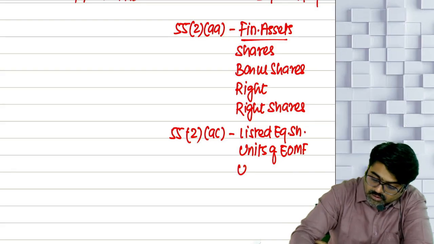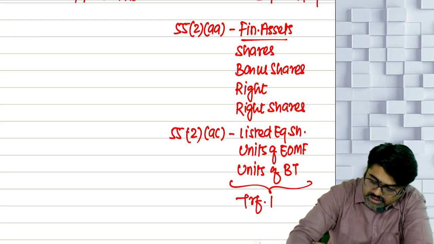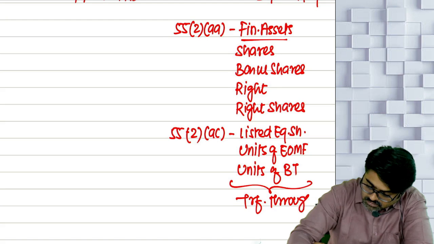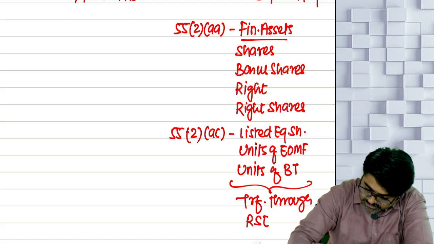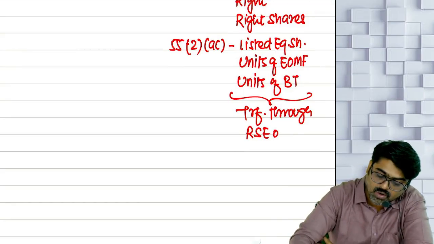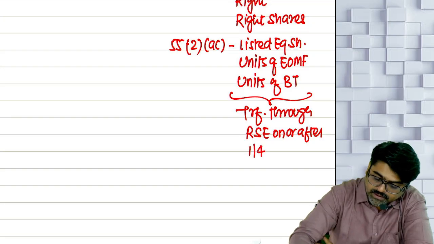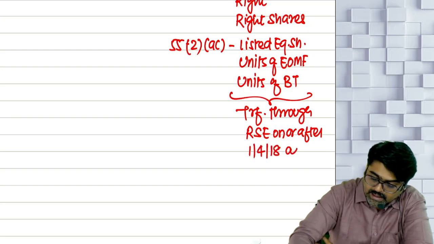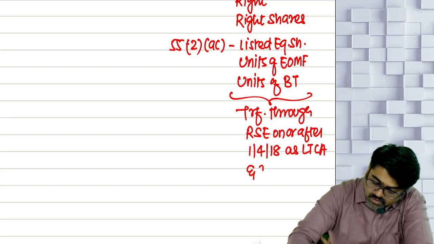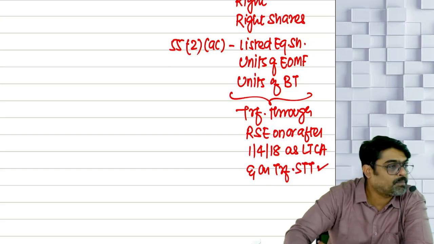Third one, units of business trust, which you transfer through a recognized stock exchange on or after 1st April 2018 as long-term capital asset, and on transfer STT is also paid.